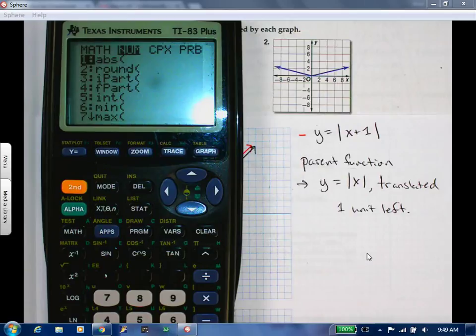That's because you put this in wrong. Yes, my batteries are out.